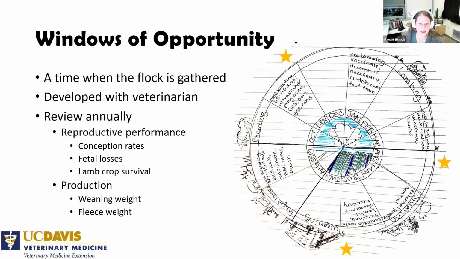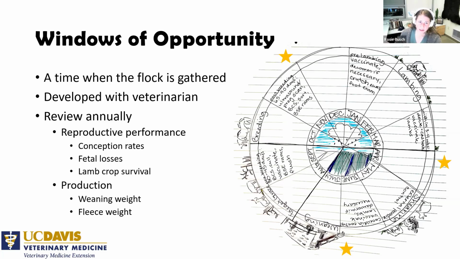Then we'll go on, and everyone may manage their lambs a little bit differently in this system. It's recommended within 3 to 4 weeks to dock tails and castrate. And lambs shouldn't really receive vaccines much sooner than 3 weeks anyway, so it's a perfect time to start their vaccine series.